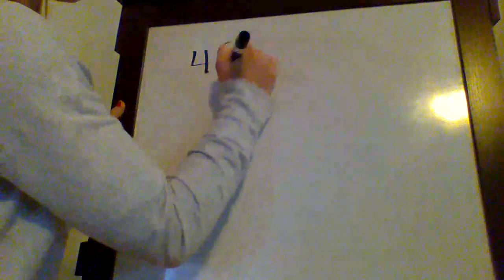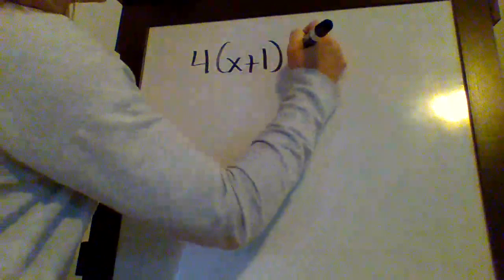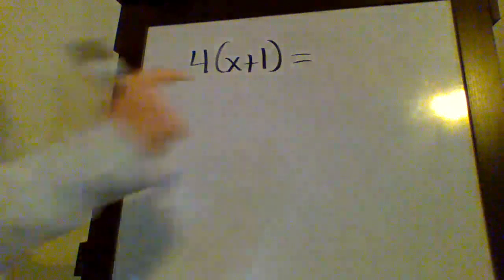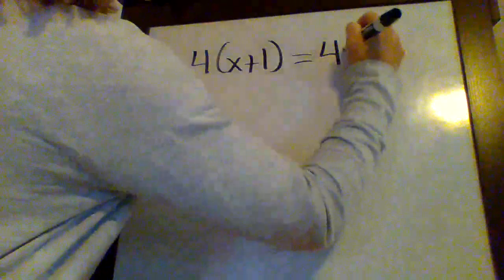Let's take a look at one more kind where we could have infinite solutions. So let's try one maybe with some distributive. So if I have 4 times the quantity of x plus 1 equals, and then on this side we're going to have 4x plus 4.